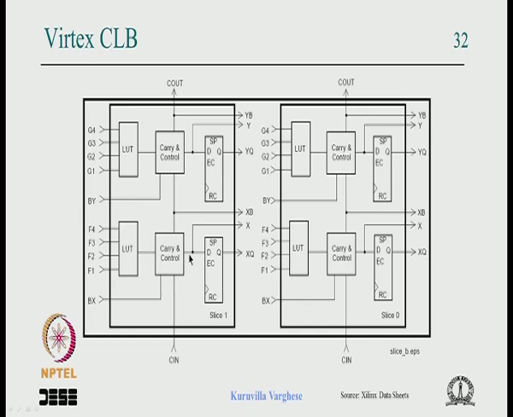Now if you look at one part, there is a 4 input lookup table and something called carry and control, we will see what it is, followed by a flip flop. The lookup table is used for combinational circuit implementation, and the flip flop is for registering.